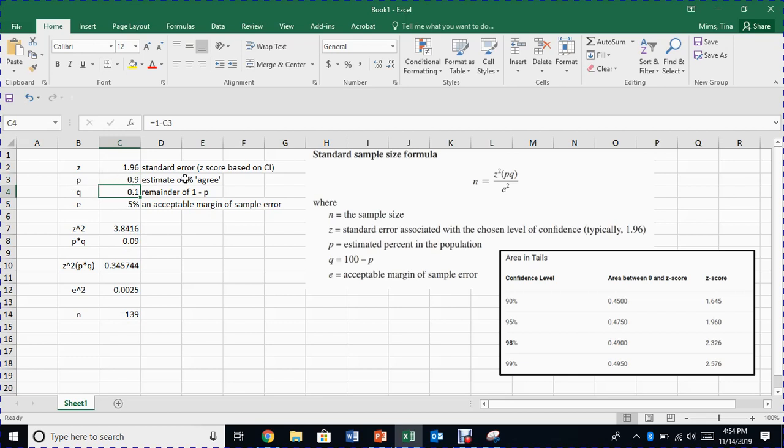As more of the individuals tend to agree, our sample size drops down, and that's because the mean for this group has less variability. Now think about that. Instead of half and half saying yes and no, we have 90% saying yes.